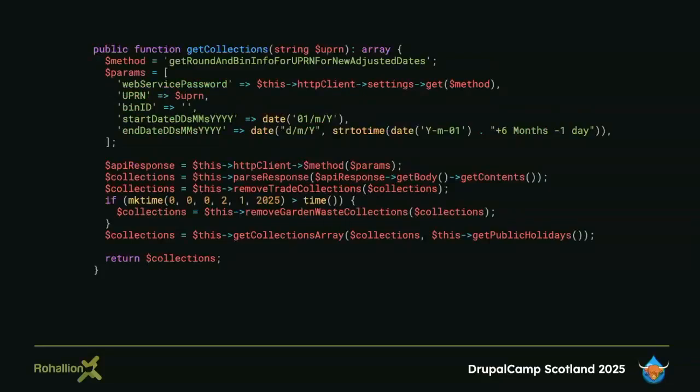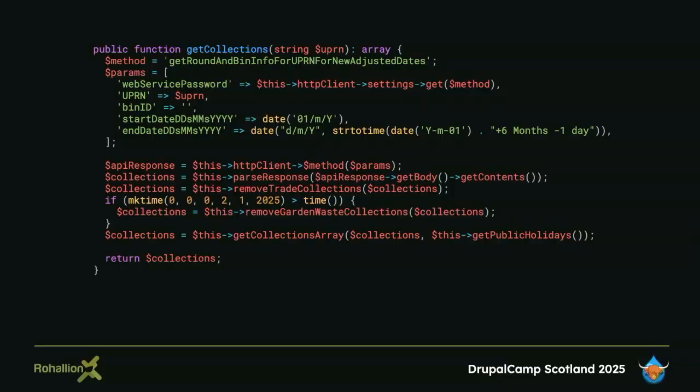This is their external API method, get round and bin info for UPRN for new adjusted dates. I don't know. The documentation was exciting for that API. I didn't know postcode could have so many different uses of case in the same API, but there you go. We pass it our web password for this service, UPRN, the date range that we want to support, and it sends us back some trade collections.